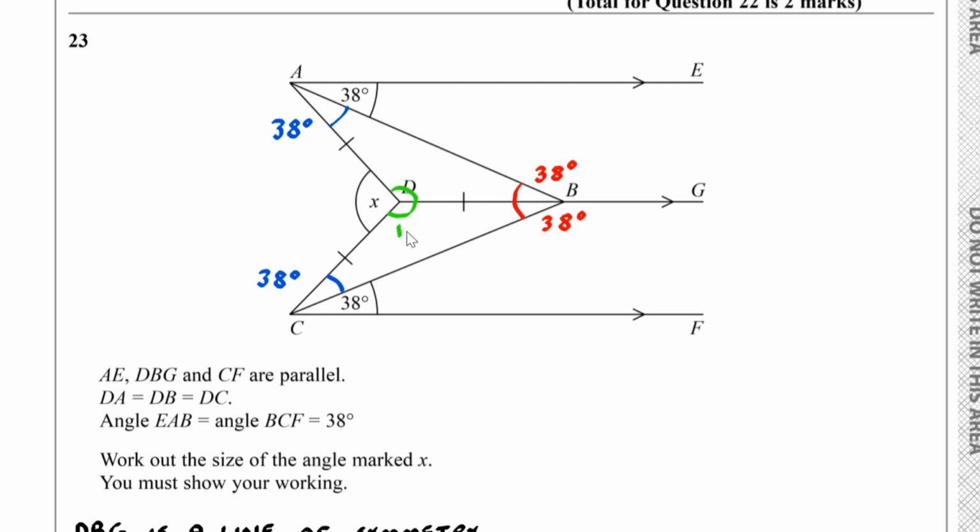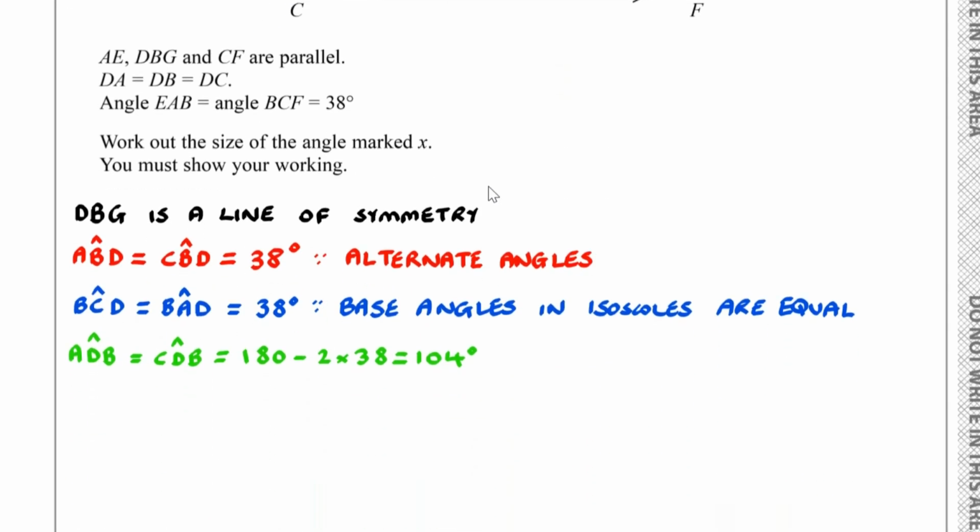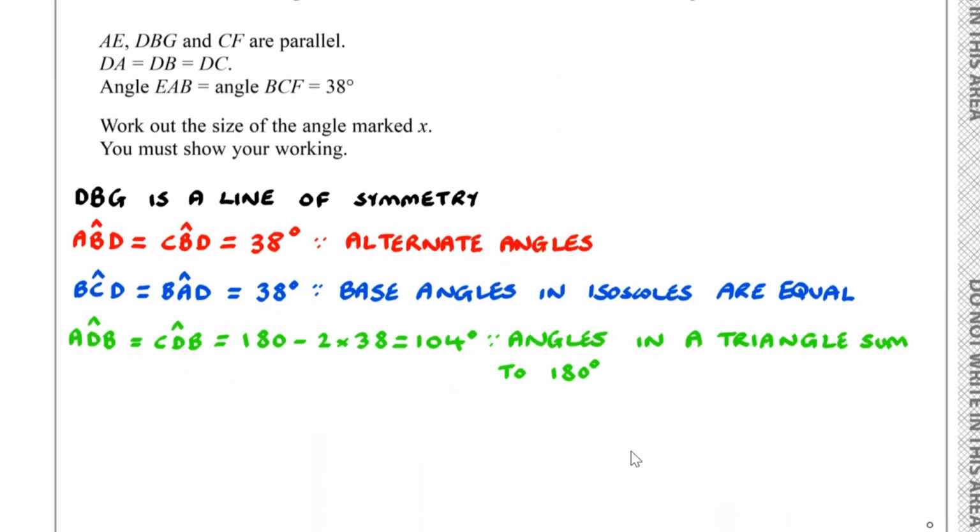So this is 104 degrees. This is also 104 degrees. The reason for that, angles in a triangle sum to 180 degrees.